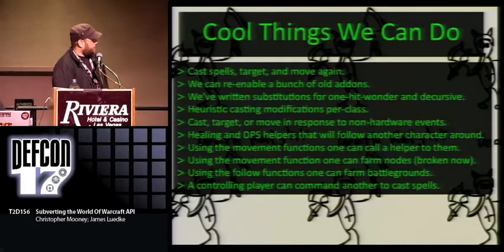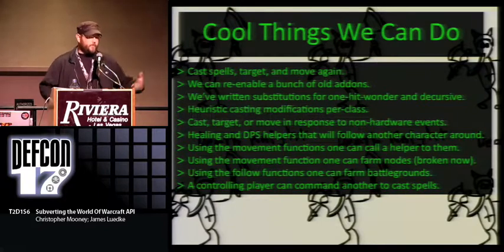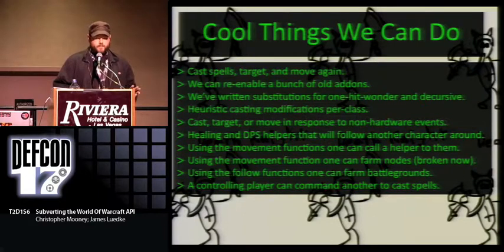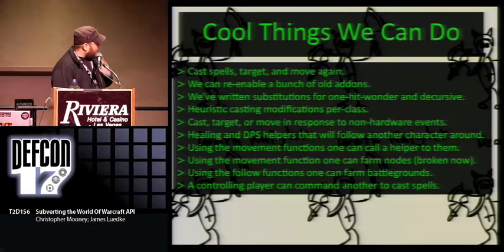So what kind of cool things can we do now? We can cast spells, we can target, and we can move again, and we can do that all programmatically. So remember the pre-2.0 patch days, we've reverted everything back to that. We can re-enable a bunch of old add-ons by replacing their old calls, although those old add-ons, because they're no longer being developed, are probably deficient in a bunch of other ways.